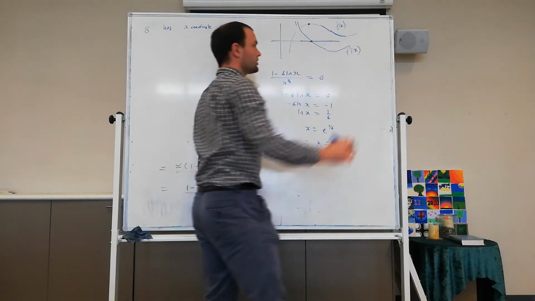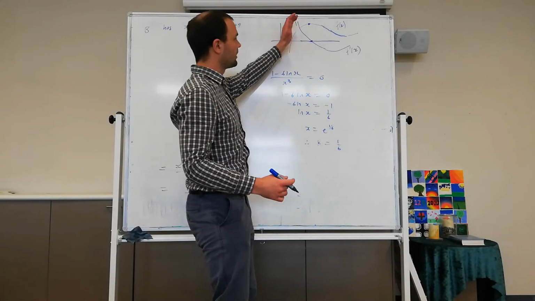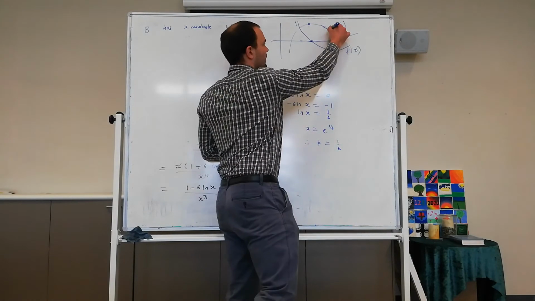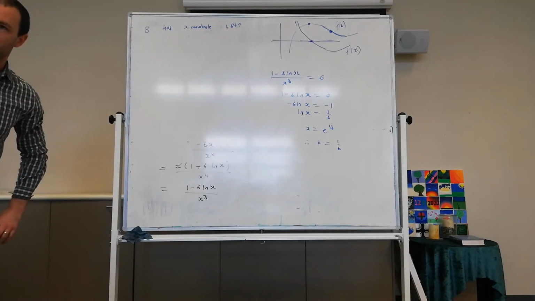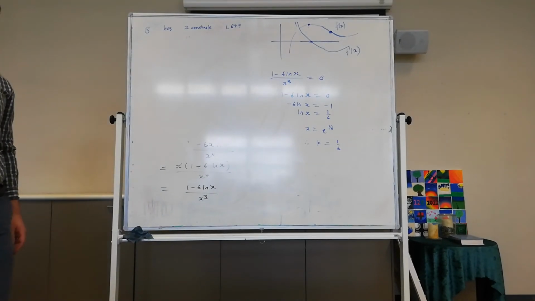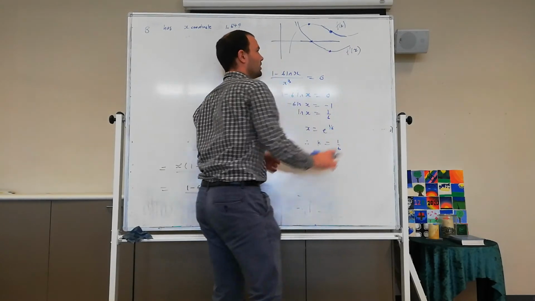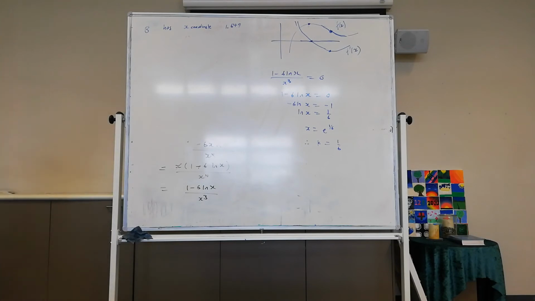Any point of inflection is where it changes from being concave down to concave up. So we have a point of inflection occurring here somewhere, and a point of inflection on f of x corresponds with a local max or min on f dash of x, which means they have the same x coordinate. Hence or otherwise, find the x coordinate.